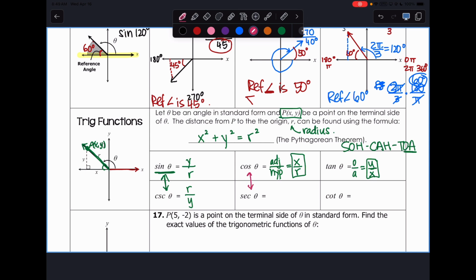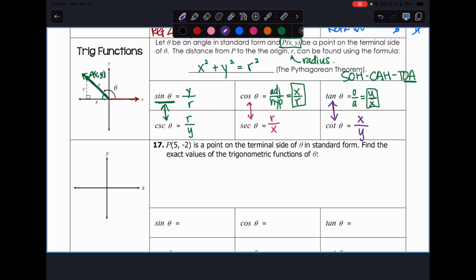So what do I do with cosine? X over r. Reciprocal, r over x, okay? And then tangent's evil twin is cotangent. So what do I write for the ratio? X over y. Okay? All right.